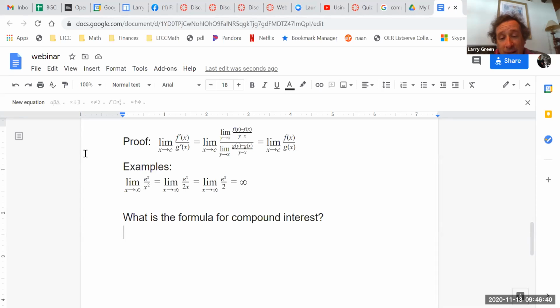If it's compounded, say monthly, it's definitely not an exponential. It's not e to the something. So that might be compounded monthly or quarterly or daily or yearly. Do you remember?